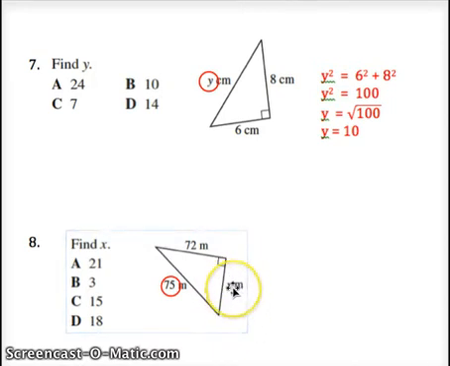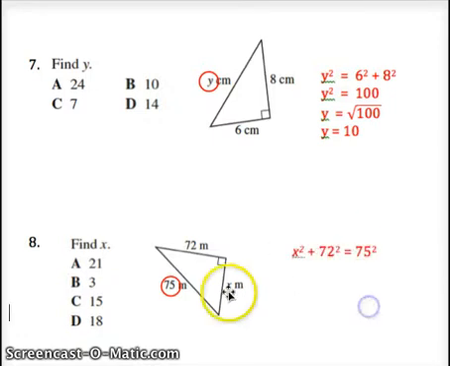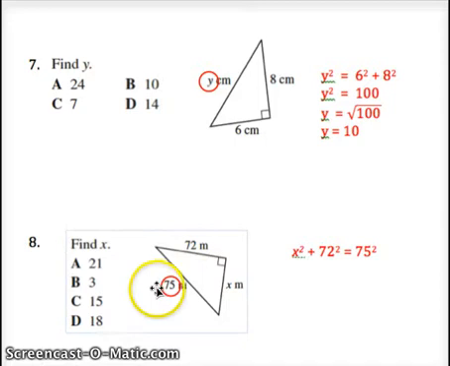So we should really start off by saying x squared plus 72 squared is 75 squared. x is one of the shorter sides. So we do the two shorter ones, add them together, and they equal the longer one that's circled. So x squared plus 72 squared is 75 squared.